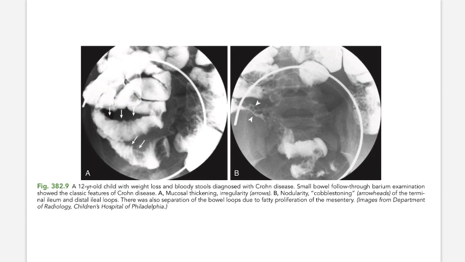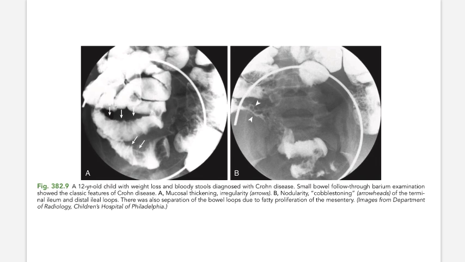Again, important: a 12-year-old child with weight loss and bloody stool diagnosed with Crohn's disease. Small bowel follow through barium examination shows classical features of Crohn's disease like mucosal thickening, irregularity, and nodularity, cobblestoning of the terminal ileum and distal ileal loops.